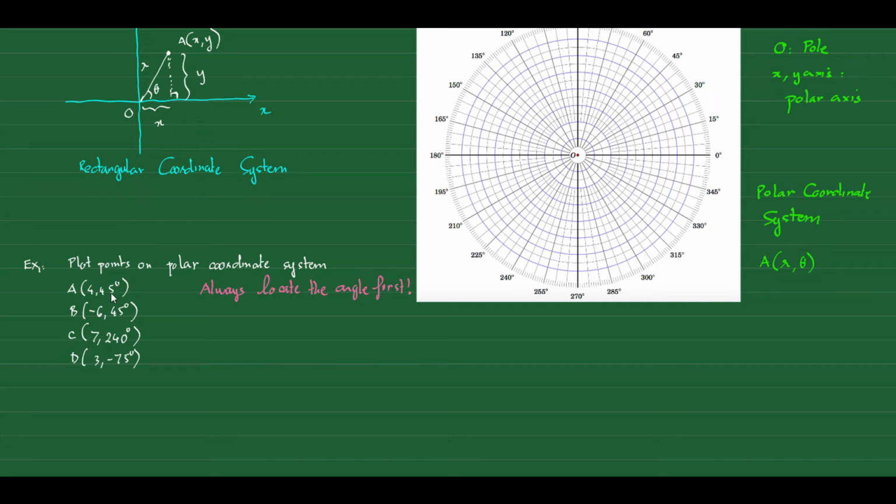So now you look at the angle 45, which is angle theta right here. See that theta is 45. Where? 45 right here, and it's positive, so we have to go counterclockwise, so we go up. So it will be positive 45, and the radius is 4. So where's 4? It means the 4th circle from the inside out.